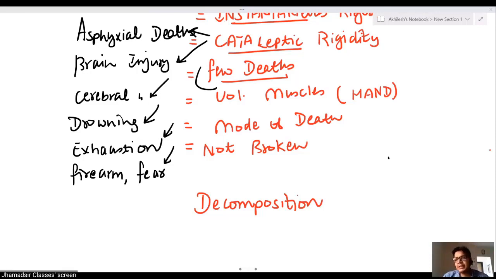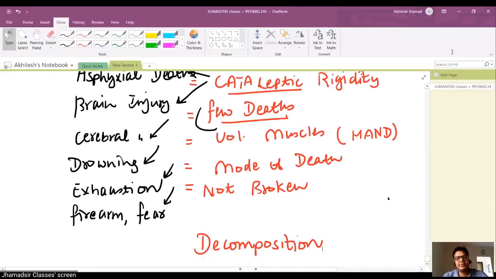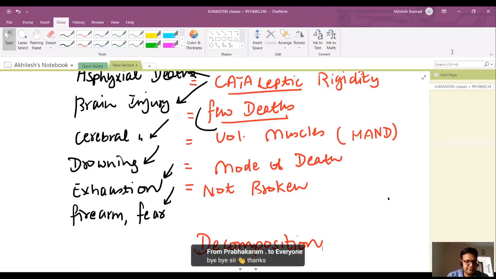What are the other names of cadaveric spasm? Two names, seen just after death. These two names are instantaneous rigor and cataleptic rigidity.